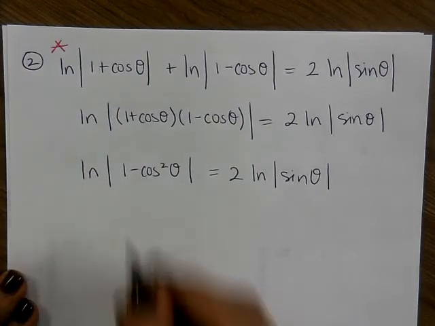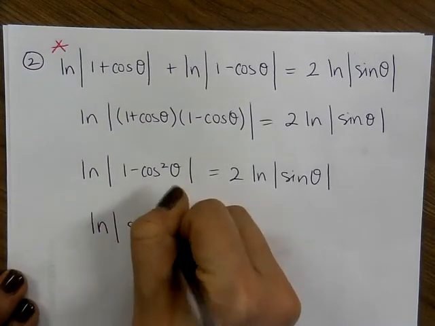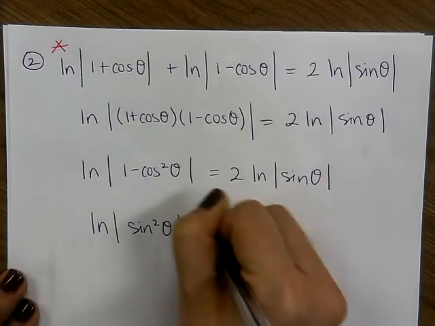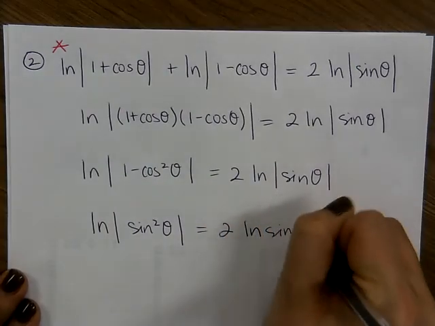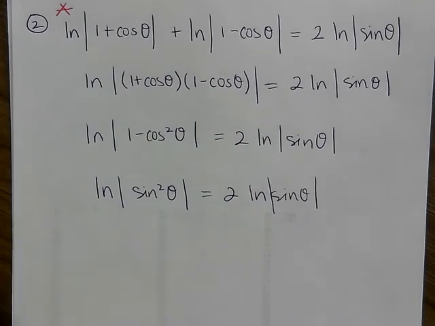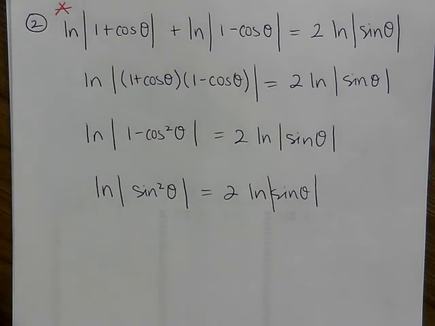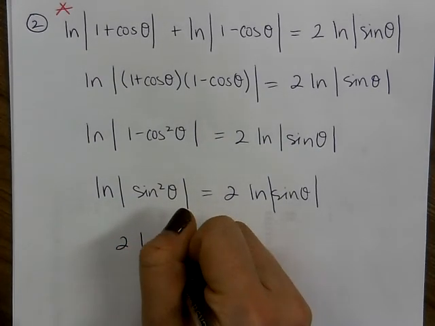It's an identity. So now you change it to natural log of sine squared of theta, and we're so close. What can you do with sine squared to make it look like 2 natural log of sine? Pull the exponent out. Isn't that a property of logs? If you have an exponent, you just pull it out front. You're done. This was actually an easier one, I think, than the last one.